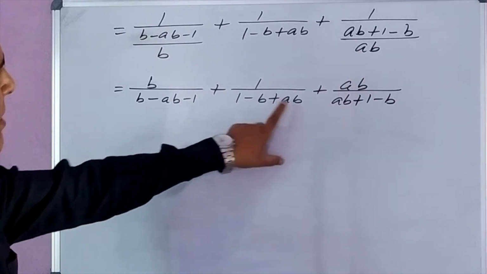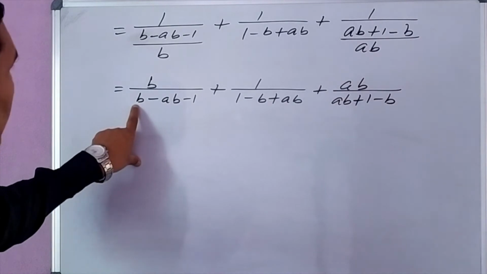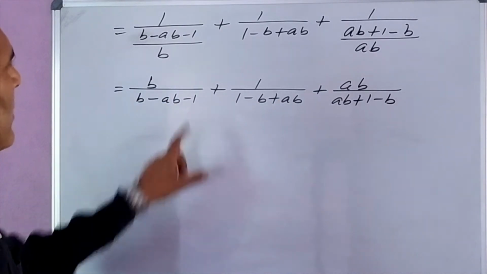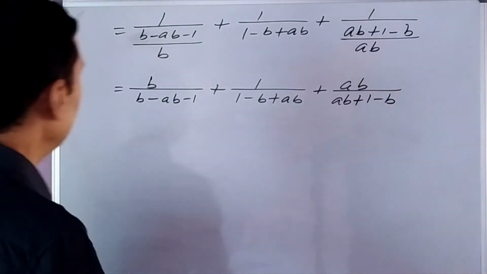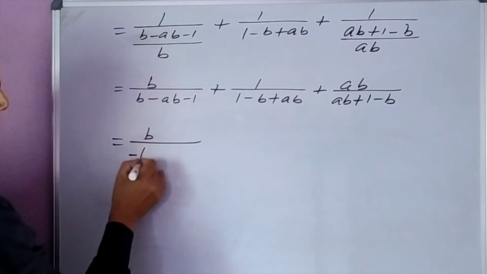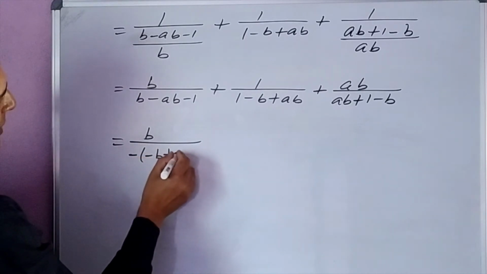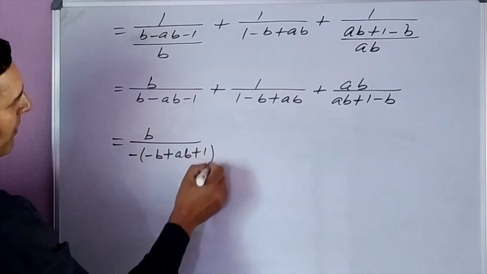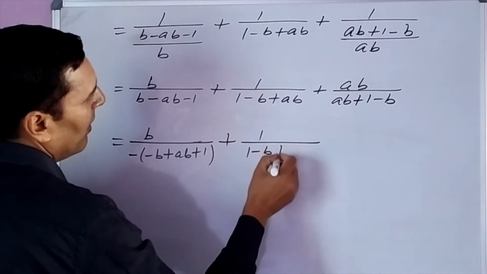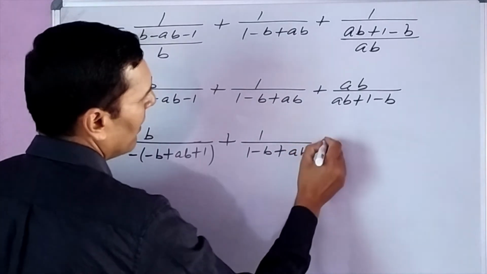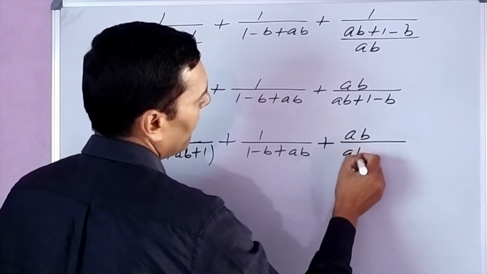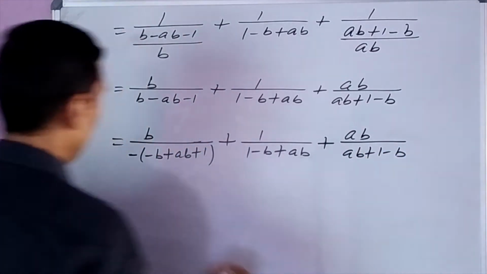In the other two denominators we have minus b, here we have plus b, plus ab, minus ab, plus 1, minus 1. So take minus common in the first denominator. If you take minus common, it will be minus b plus ab plus 1, plus 1 upon 1 minus b plus ab, plus ab upon ab plus 1 minus b.